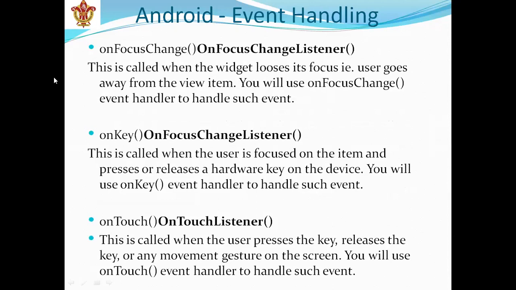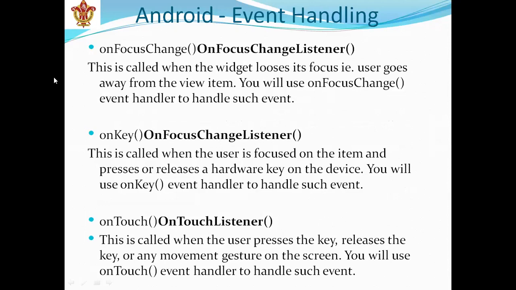In the next slide, we will see the on focus change listener. What is this? This is called when the widget loses its focus, when the user goes away from the view item, and you will use the on focus change event handler to handle such events. Okay, so this is the definition.